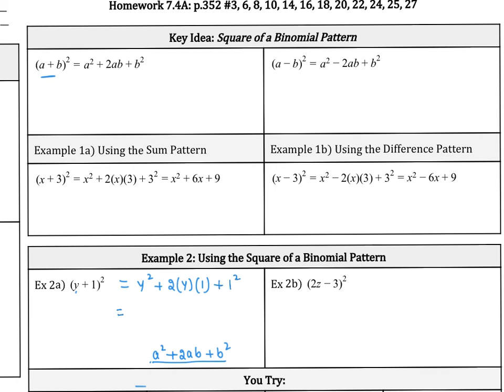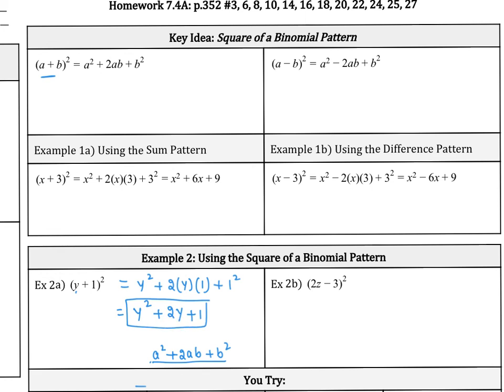I'm going to rewrite it as y square plus 2y plus 1, since 2 times y times 1 is just 2y, and 1 square is 1. So my answer is y square plus 2y plus 1.